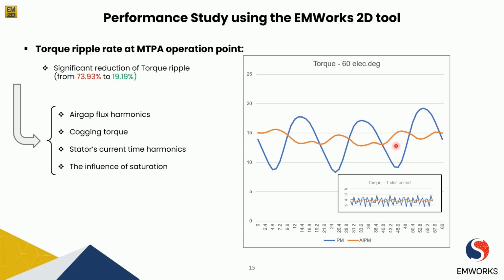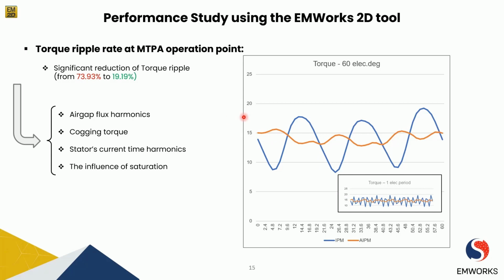As you can see here, the blue color is showing an IPM machine, a conventional symmetric machine, and the red one is showing the asymmetric IPM machine torque waveform in 60 electrical degrees, because the torque of three-phase synchronous machines has a period of 60 electric degrees, but here we also consider one electric period equal to 360 electrical degrees.